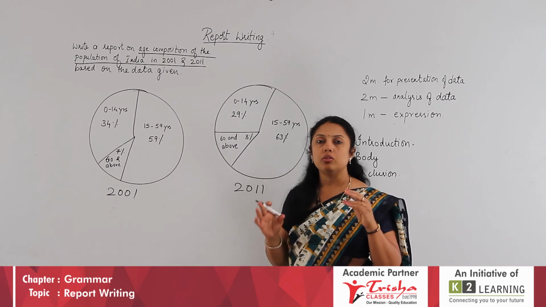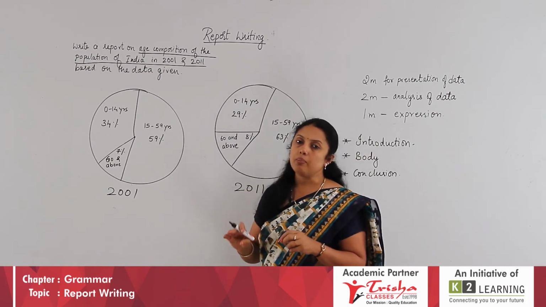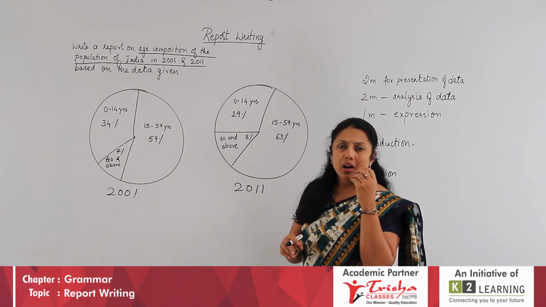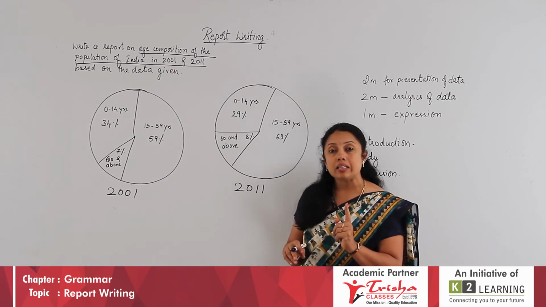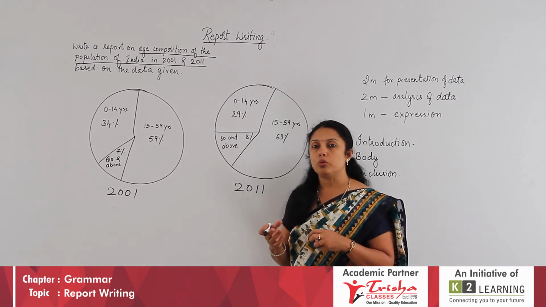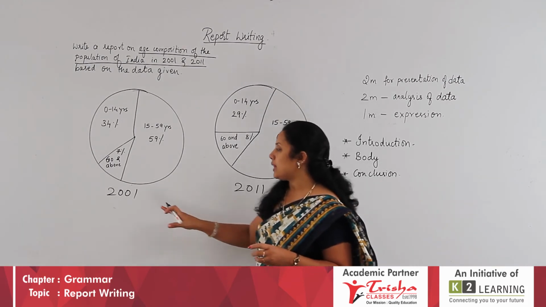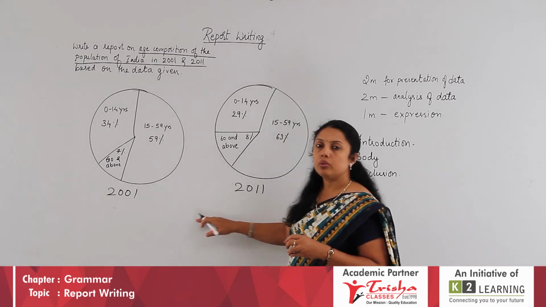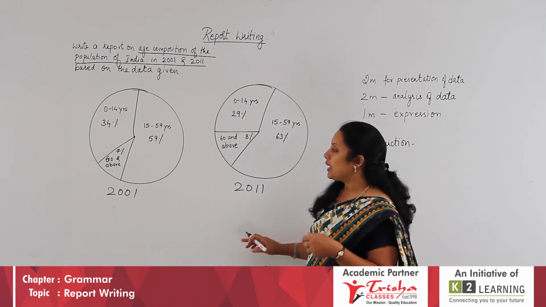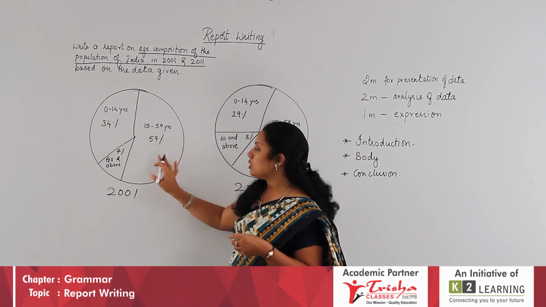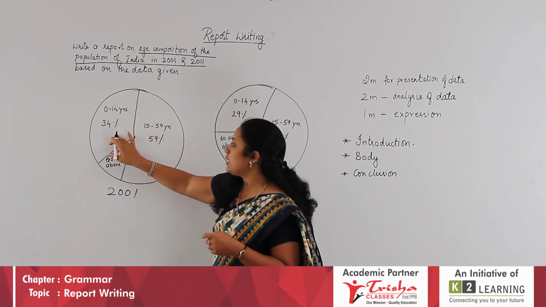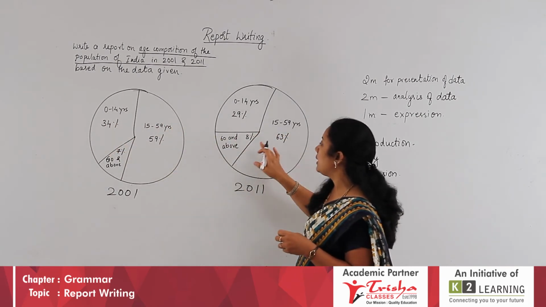You have to write all these things as the body of your report. If you're not very sure, you can at least guess what could be the reason. So you can say that between 2001 and 2011, when we compare the two, we can see the overall change. There is a decrease, and there are 2 increases here.